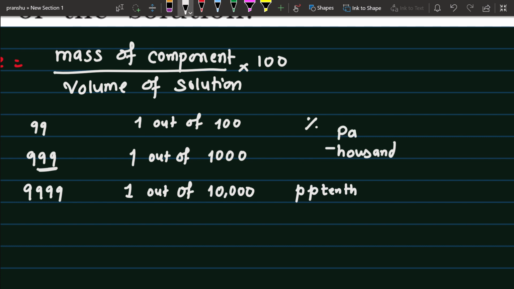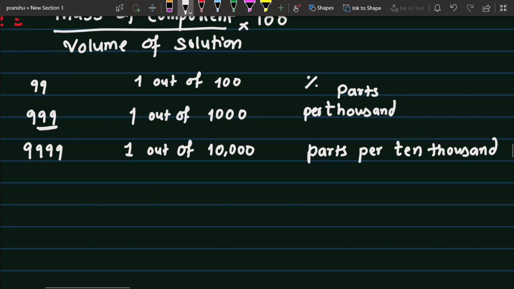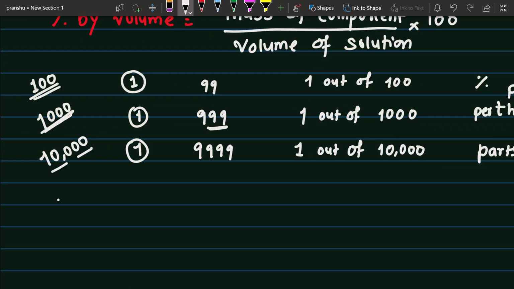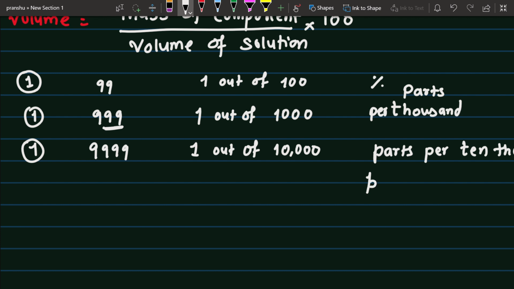We say parts per thousand, we will say parts per 10,000. Similarly, if it is 10 raised to power 6, then it is called parts per million.